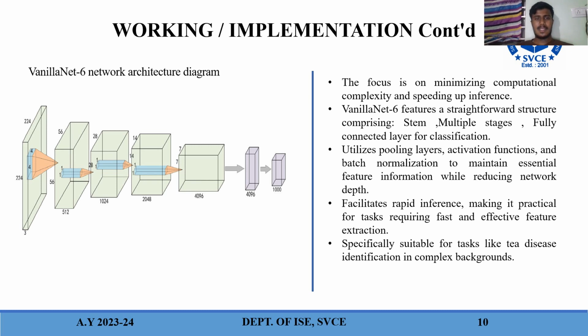For classification it uses a stem, multiple stages, and fully connected layers, and by utilizing pooling layers, activation functions, and batch normalization to maintain essential feature information while reducing the network depth, it also facilitates rapid inference, making it practical for tasks requiring fast and effective feature extraction. And this is about the VanillaNet-6 architecture.